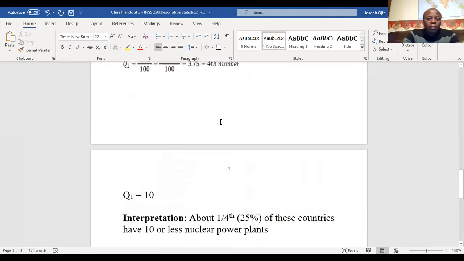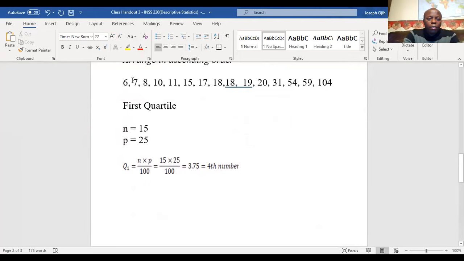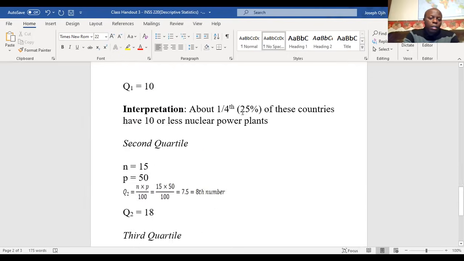We count from here: 1, 2, 3, 4, 5, 6, 7, 8, 9, 10, 11, 12, 31.